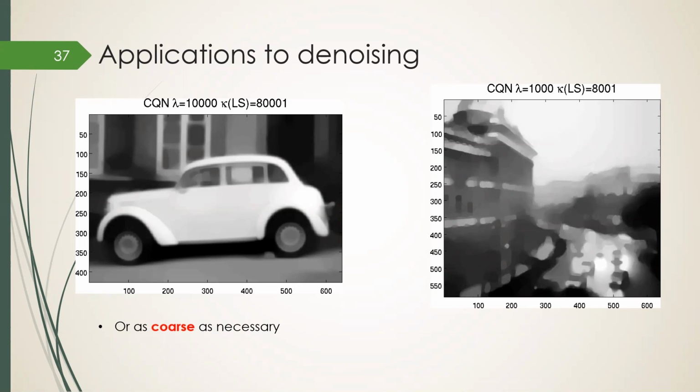Obviously, that's basically what happens here. We extract the essence of a car, an anthropogenic object, and also extract the essence of a cityscape.